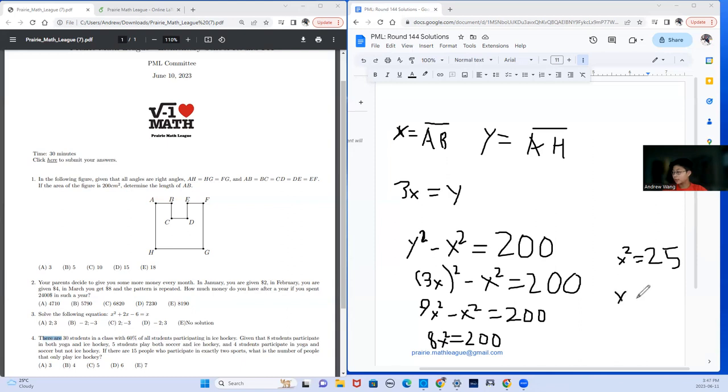So x is plus or minus 5, but in terms of geometry, it is just 5.